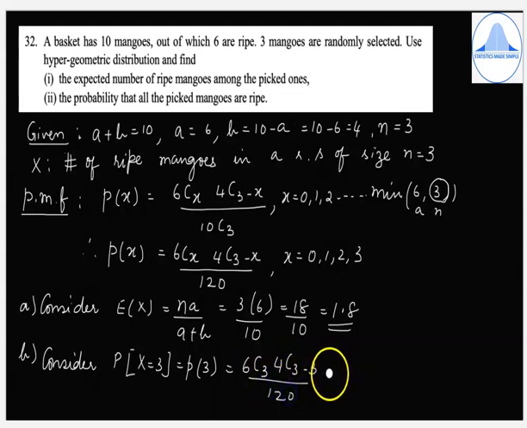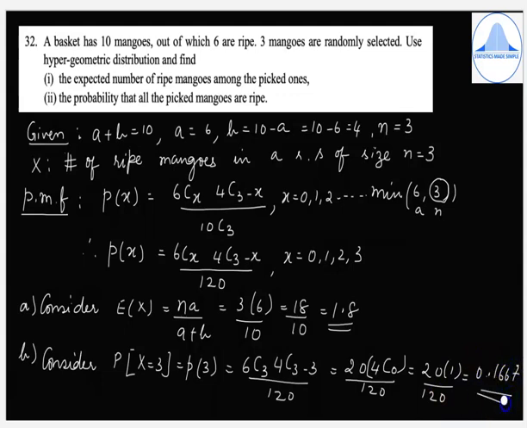So 6C3 is 20, and here you will get 4C0 divided by 120. So 4C0 is 1. So the answer is 20 by 120, or 0.1667. So remember that probability should always lie between 0 and 1.